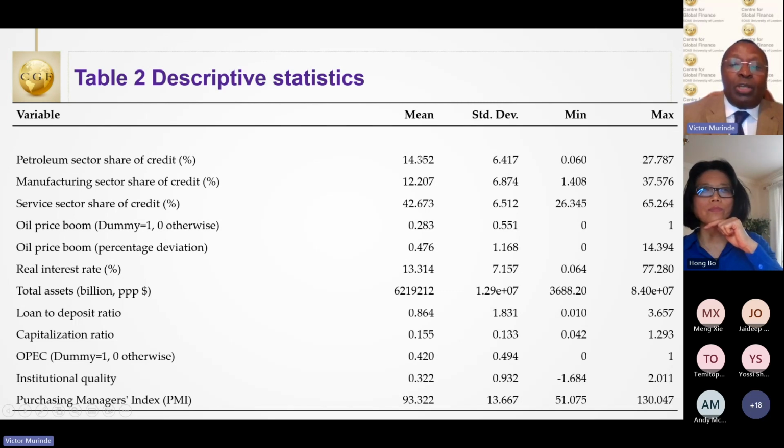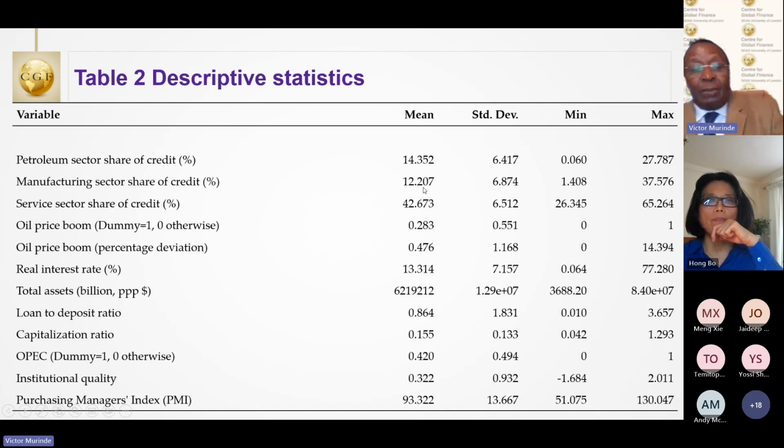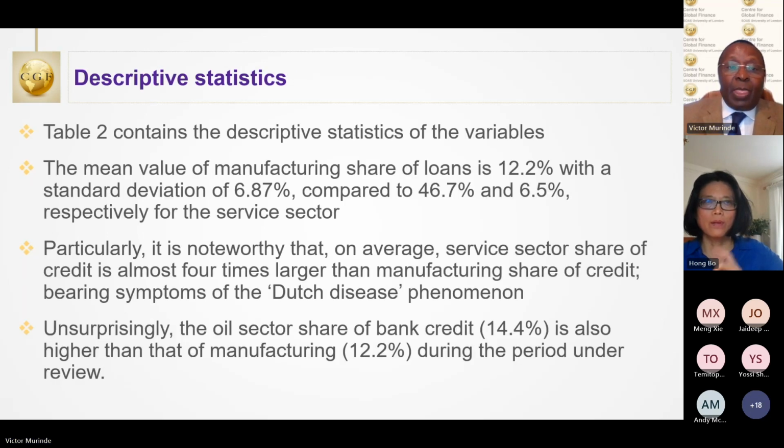And then we also look at the share of the manufacturing sector in bank credit at 12.2, maximum was 3.7. We find that these values we get for the variables are quite rational. We don't expect any big outliers from this distribution.